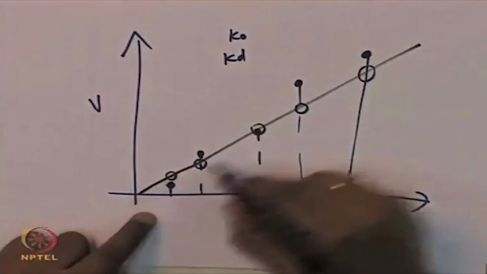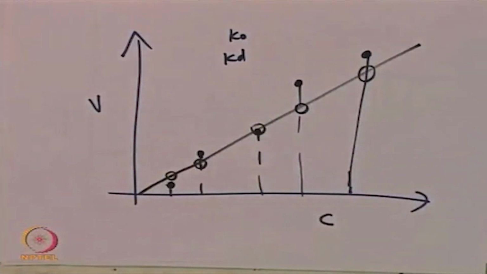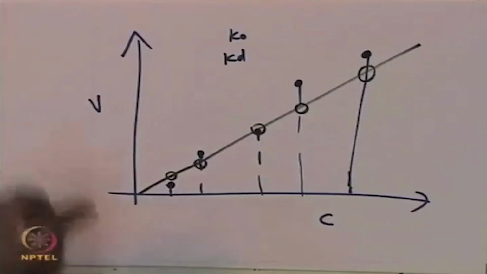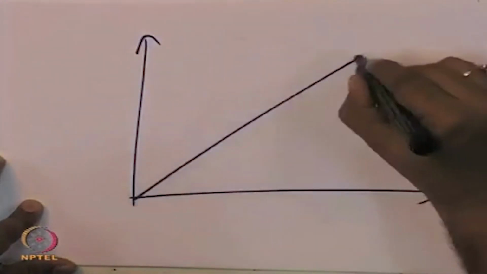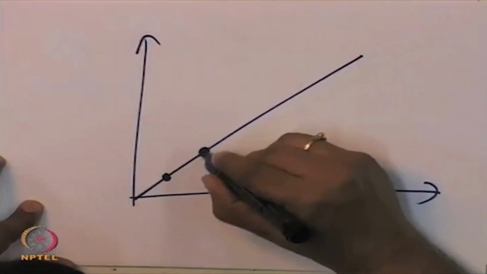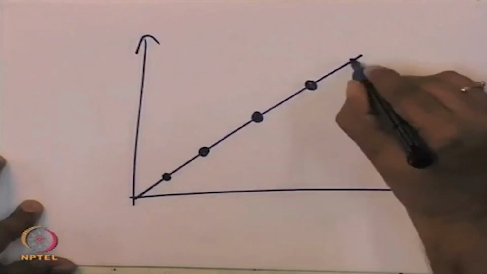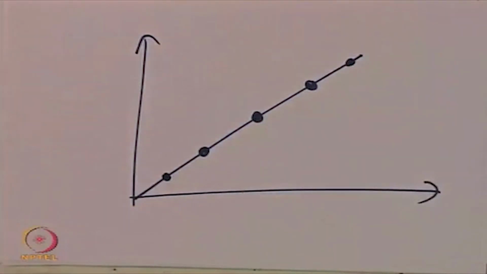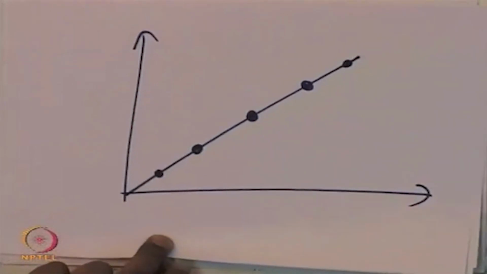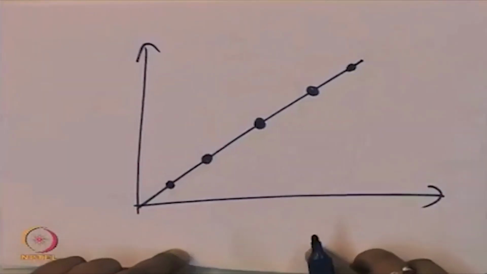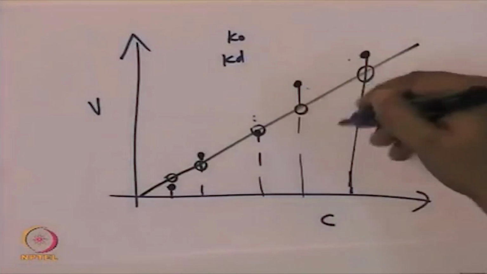So, we have a theoretical value and an experimental value, and in an ideal scenario, what do you expect? You expect that the theoretical value and the experimental value will be exactly on each other. That means they will fall exactly on the straight line, but this is an ideal case. In reality, they will not exactly fall on the straight line, they will be slightly deviated. For each point there will be a deviation from the straight line.